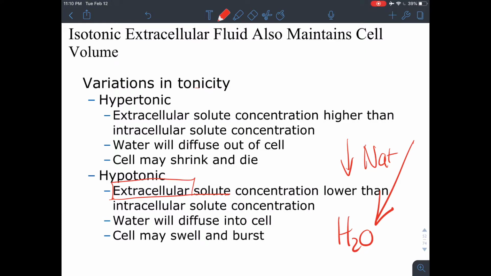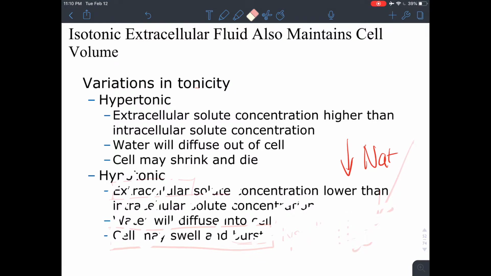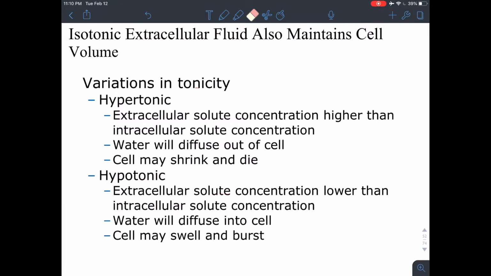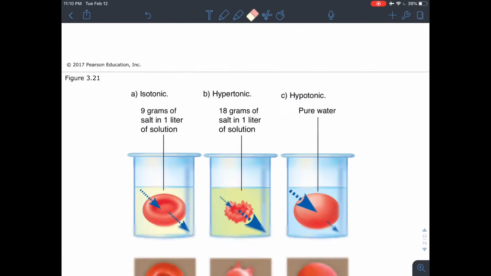In extreme states, that cell may swell and actually burst, or what we sometimes call lyse, and then of course the cell would die. So either variation in the extreme can cause the cell to misfunction, but in the most extreme case, to die.